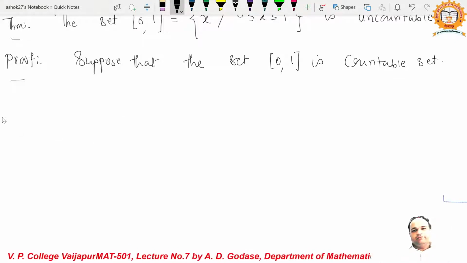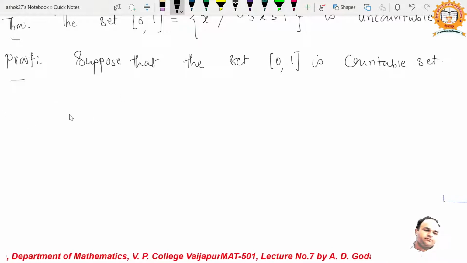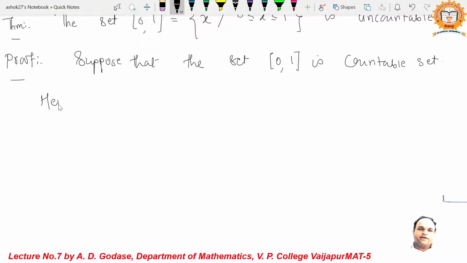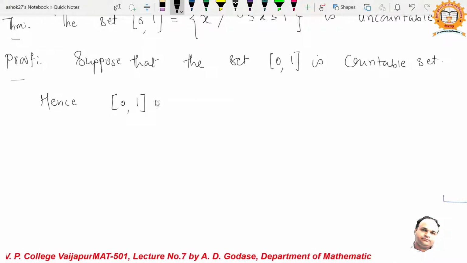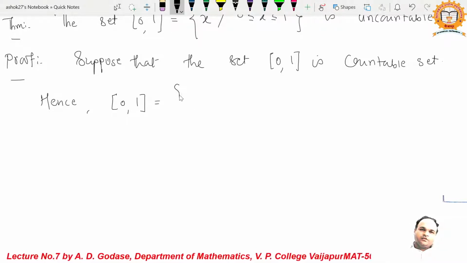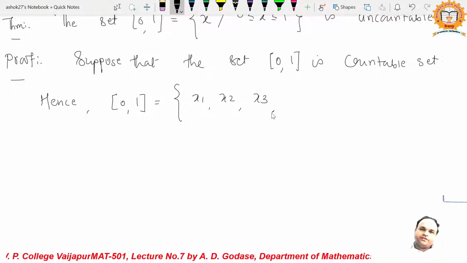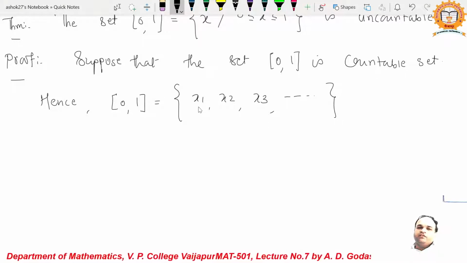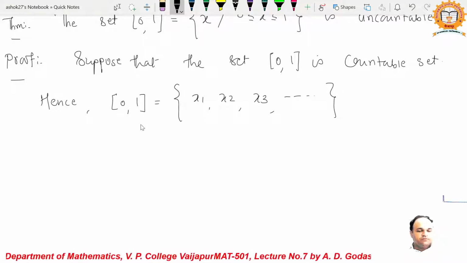Naturally, if the closed interval [0, 1] is countable, then there exists a counting of the set. So hence we can write the closed interval [0, 1] as x1, x2, x3, and it goes to infinity. There exists a counting, meaning the first element of the closed interval [0, 1] is x1, then the second element, the third element. So you can give a counting to the elements of the closed interval [0, 1].